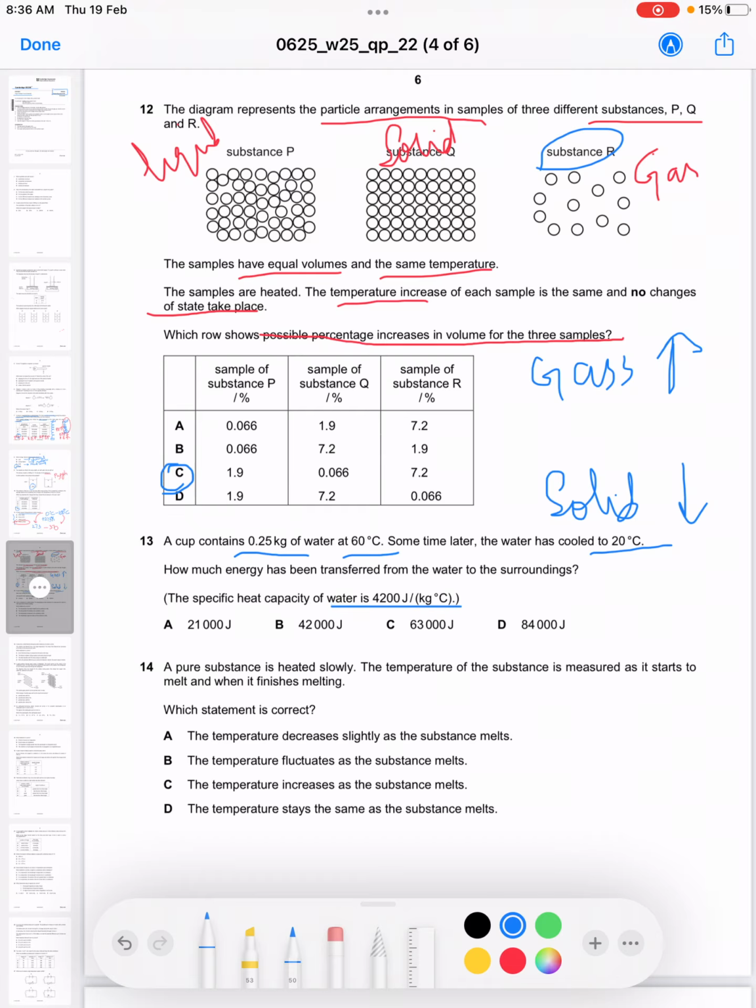Okay, we know that E is equal to mc delta T. Just substitute the values. M is 0.25, C is 4200, and delta T is 60 minus 20.